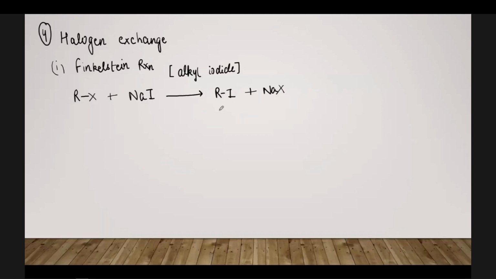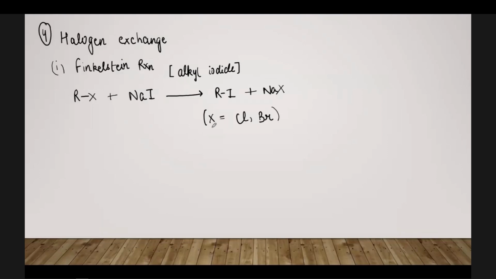And we need to remember here that this X is either Cl or Br. It cannot be fluorine, because there is a different method for the preparation of fluorine that we'll study in a few minutes. So here this halogen, this X, has to be either chlorine or bromine.